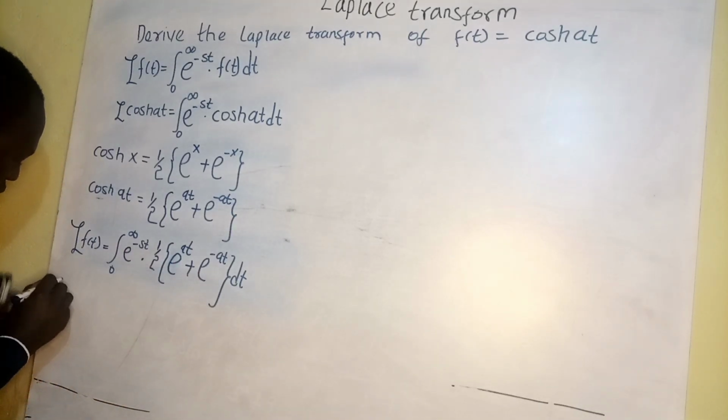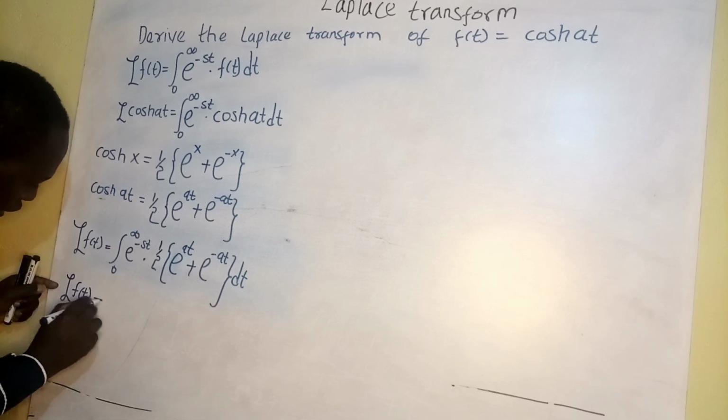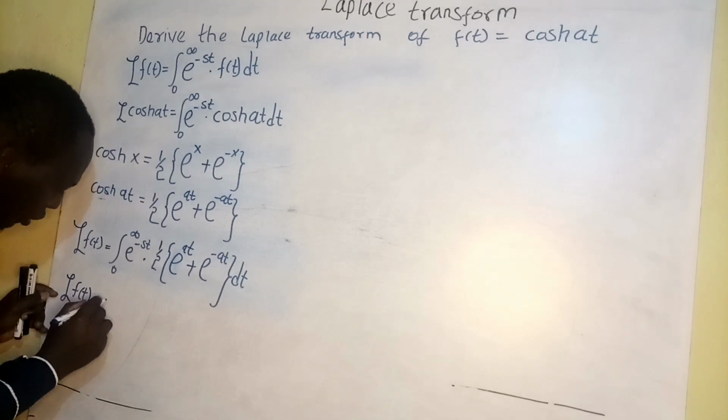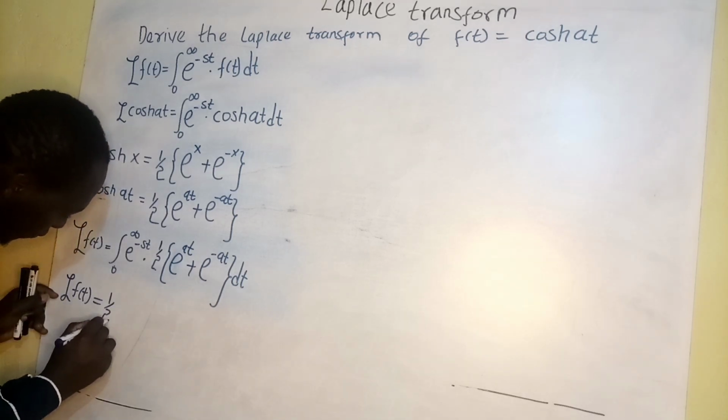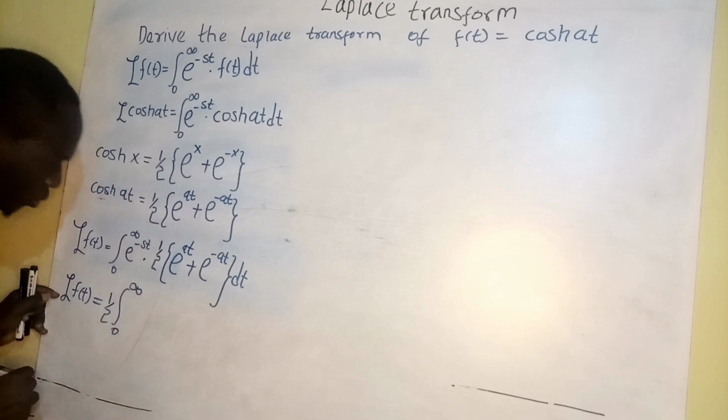By doing that, the Laplace transform of our function f of t is going to be equal to a half, our integral sign with respect to our limits.